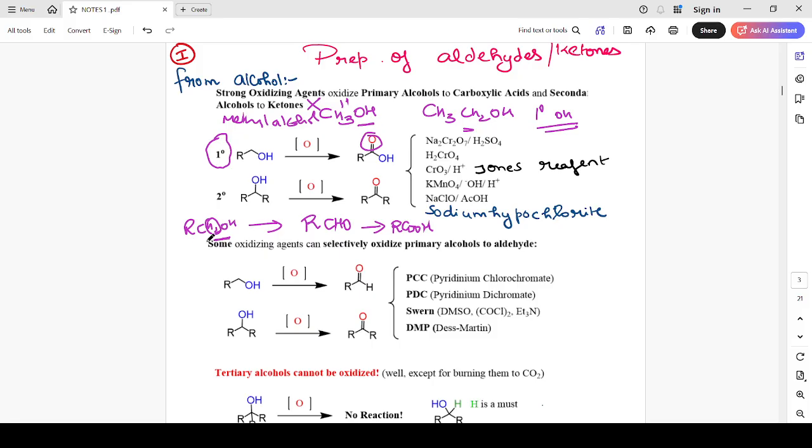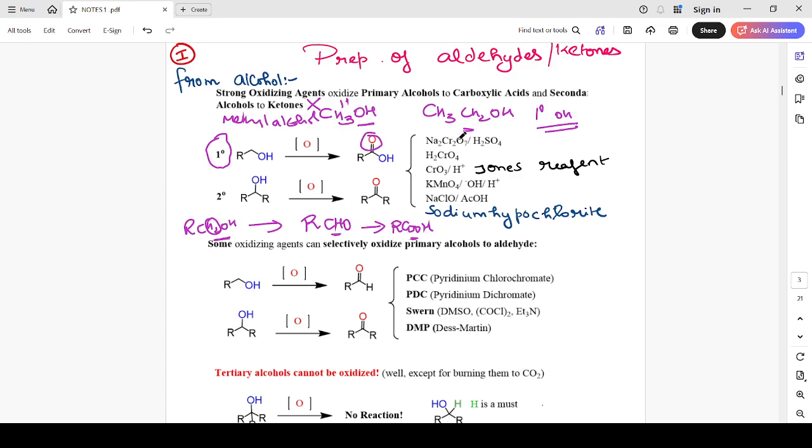In the first step, you can see one hydrogen is removed. In the second step, you can see one oxygen is being added. So I take a primary alcohol, I treat it with a very strong oxidizing agent. As Ishan is asking, will I be able to isolate this aldehyde? It's very difficult because the reaction will be very fast here.